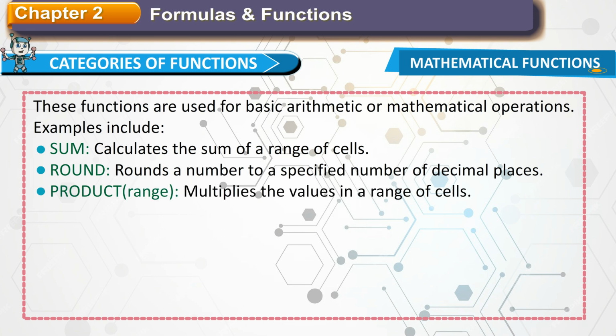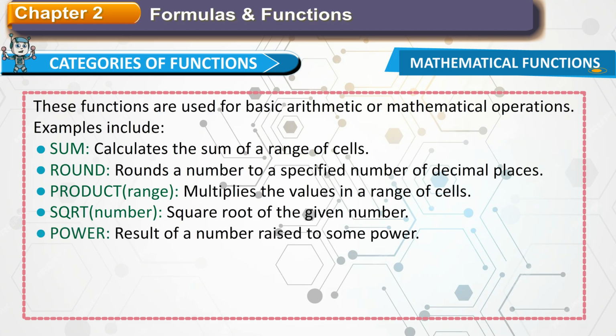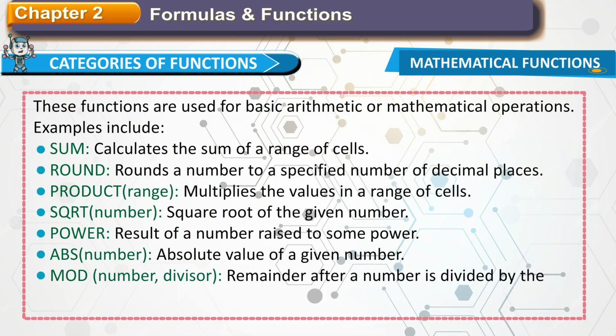PRODUCT(range) multiplies the values in a range of cells. SQRT(number) gives the square root of the given number. POWER gives the result of a number raised to some power. ABS(number) gives the absolute value of a given number. MOD(number, divisor) gives the remainder after a number is divided by the divisor.